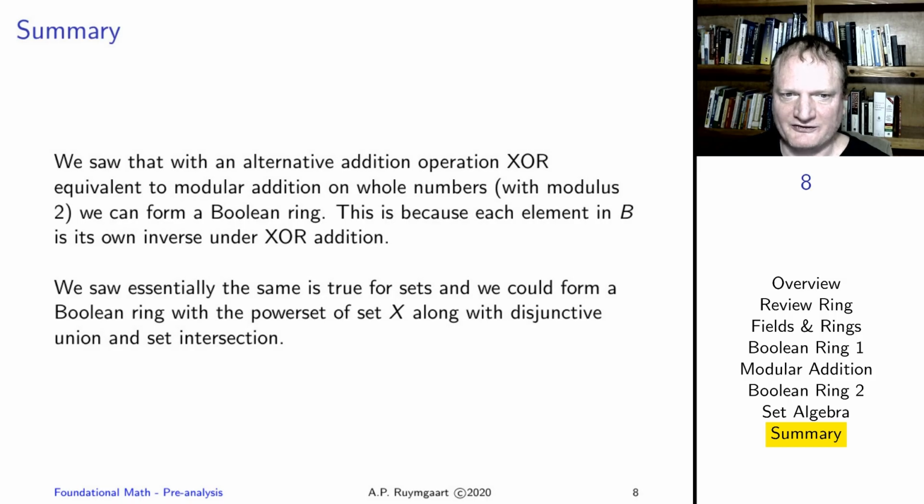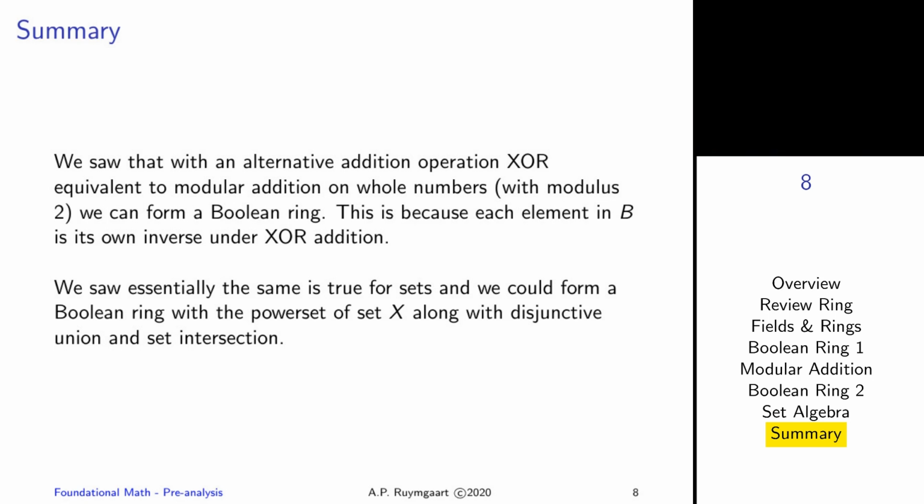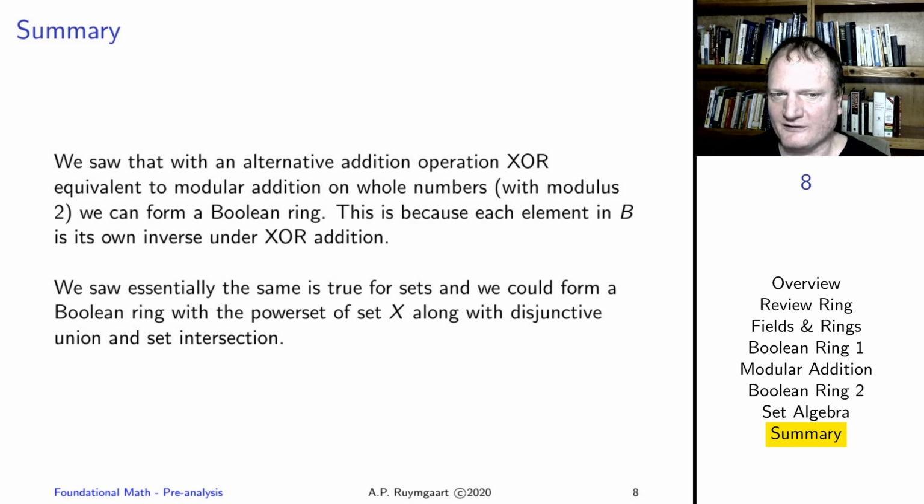Let's summarize this session. We saw that there is yet another type of addition called modular addition, and that the XOR operation as well as the symmetric difference of sets or the disjunctive union are in fact essentially the same thing. We were now able to see that Boolean algebra does form a ring with this operation, and that's because the elements of B are their own inverses under this XOR operation.